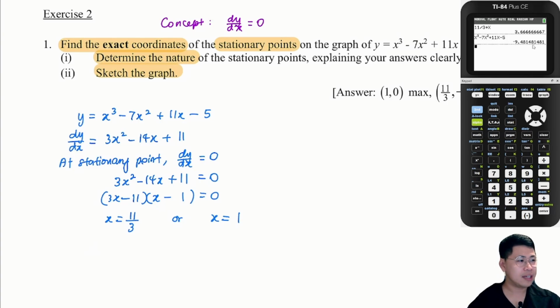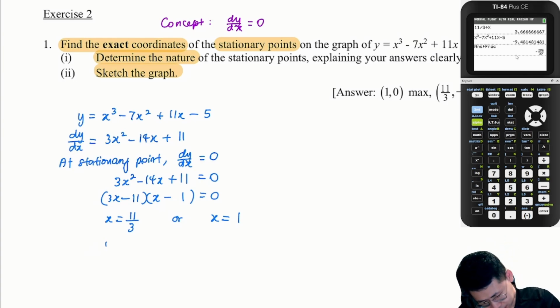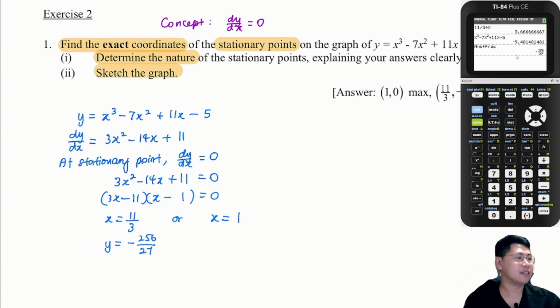Let me change this answer to a fraction. I press second negative for the answer, because I want to change it to a fraction. It's actually a math function, the first one, change to fraction. I get negative 256 over 27. So over here, my coordinate y equals negative 256 over 27. This is the first one.